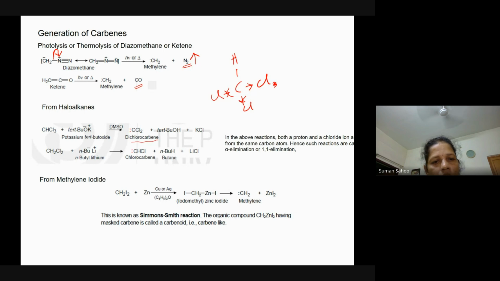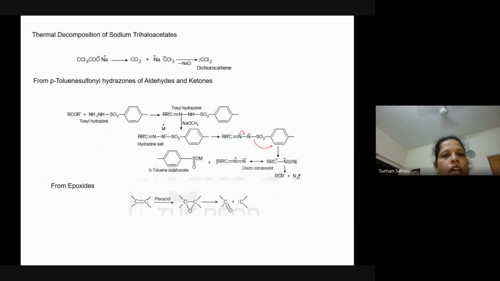From methylene iodide, this is known as the Simmons-Smith reaction, in which methylene iodide reacts with zinc in the presence of copper or silver to give iodomethyl zinc iodide, which again gets cleaved to give methylene and zinc iodide. Next is the thermal decomposition of sodium trihaloacetates.